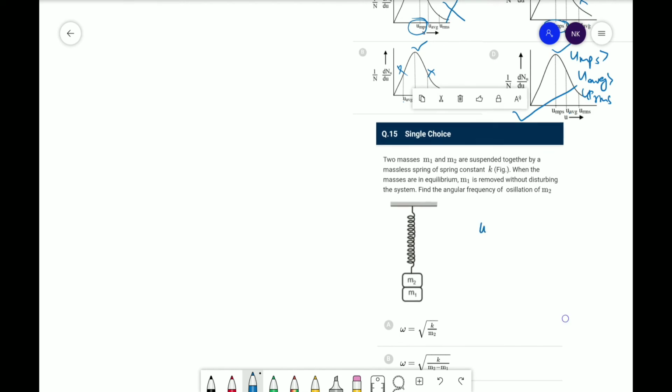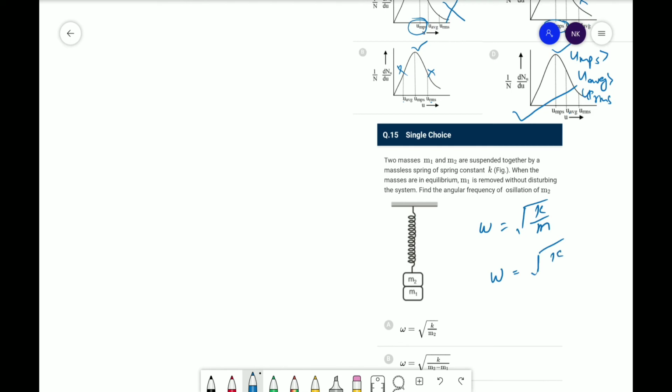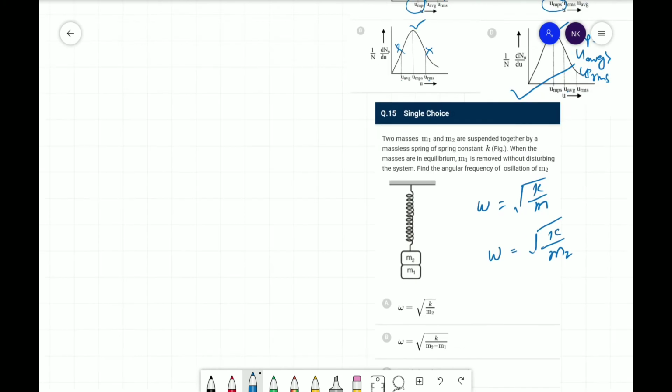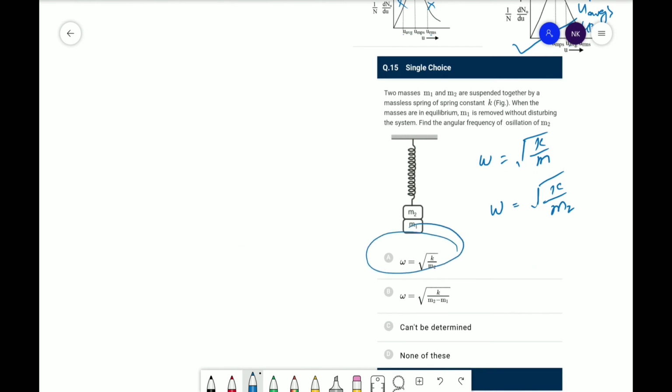The angular frequency is equal to the square root of K upon M. If there were two masses, it would be M1 plus M2, but if M1 is removed, the angular frequency will be equal to the square root of K upon M2. Therefore the correct answer is A.